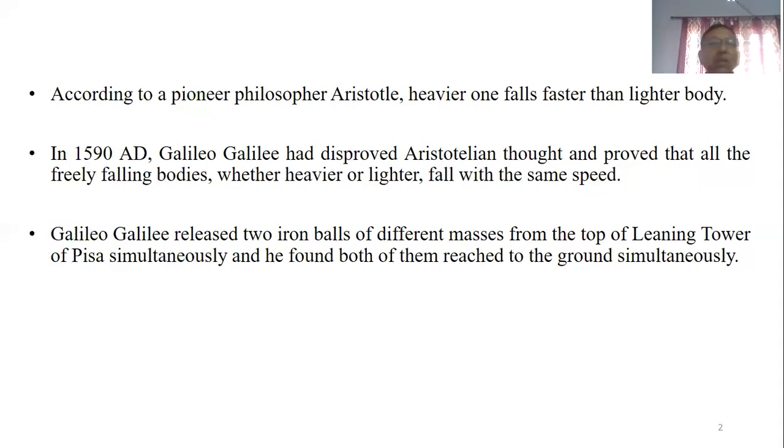For this, Galileo Galilei performed a series of experiments, and once he took two iron balls of different masses and dropped them from the top of the Leaning Tower of Pisa simultaneously, and he found both of them reached the ground simultaneously. He proved that all bodies, whatever the mass, will fall at the same speed downward and reach the surface at the same time if they are released from the same height at the same time.